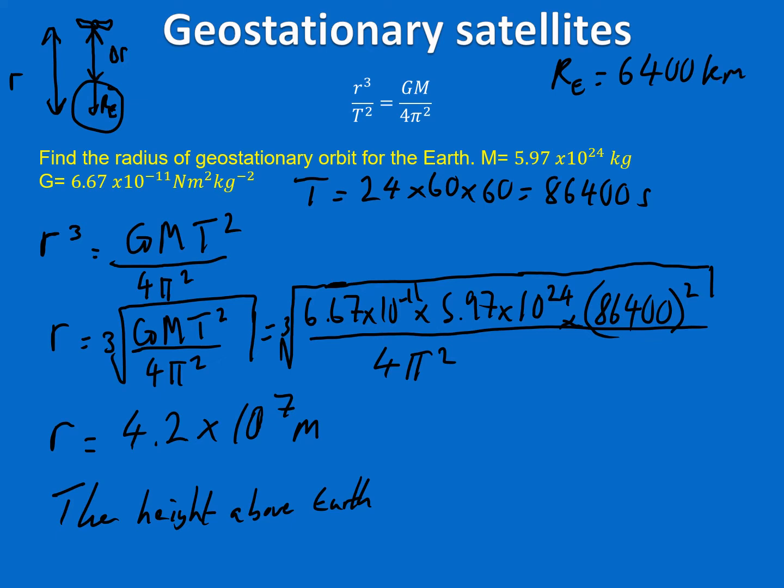So height above the Earth was 4.2 times 10 to the 7 minus 6,400. Remember, that's going to be multiplied by 10 to the 3 to have that all in meters. Gives us a value of 36,000 kilometers.